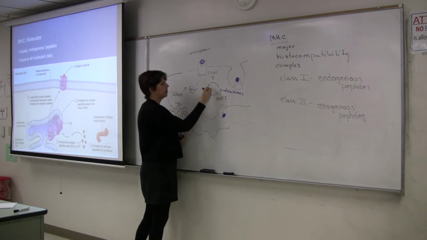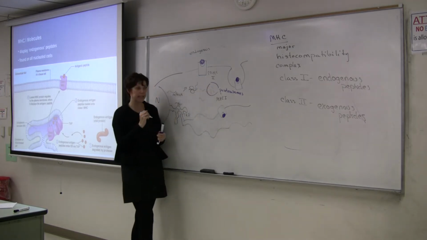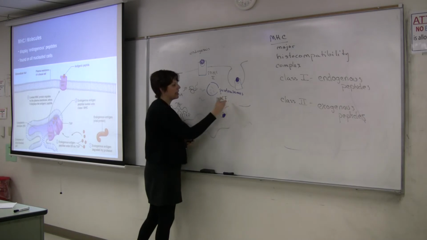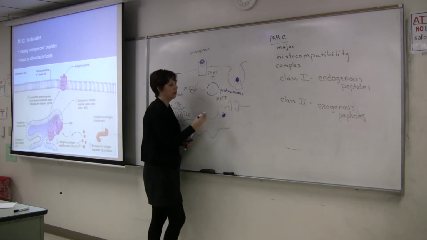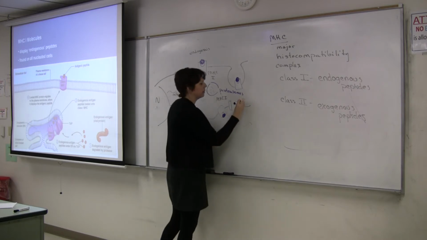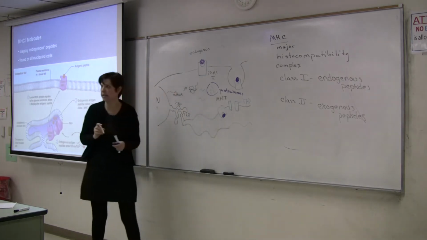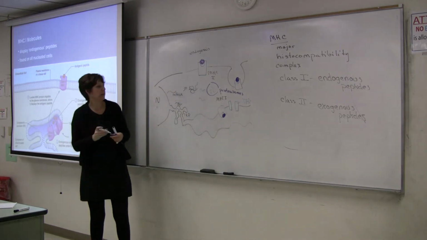And these molecules are broken down into smaller pieces, and they pass through into the ER through a transport antigen protein. That's for free. You don't have to know the word TAP. I'm just kind of showing you a pathway here.